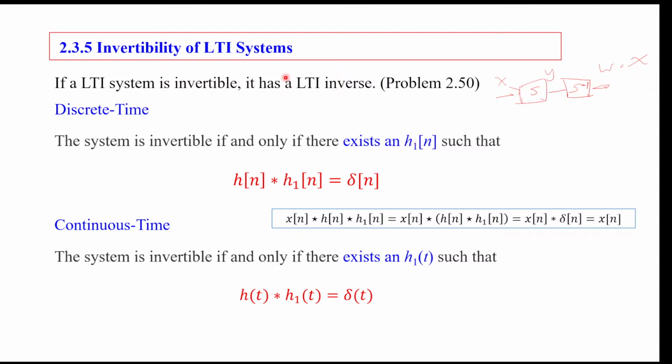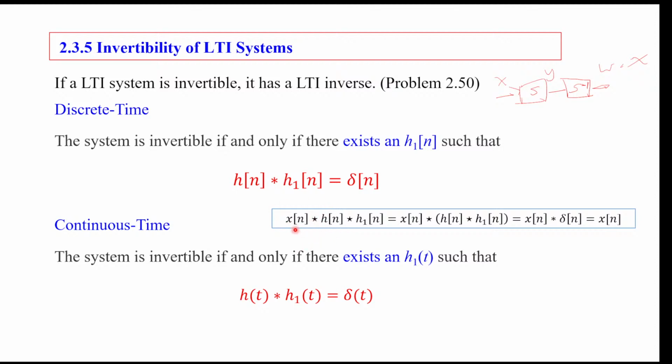Because this inverse is LTI, it can also be described by an impulse response h1. Think about how h and h1 should convolve together: they should convolve to the delta function, because this is how your system can be inverted by h1.